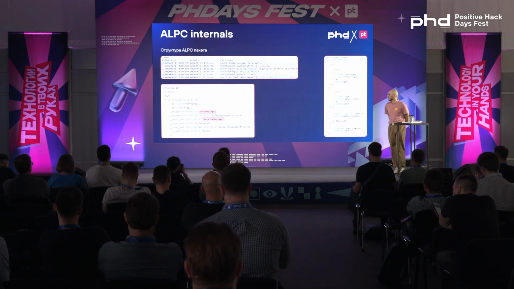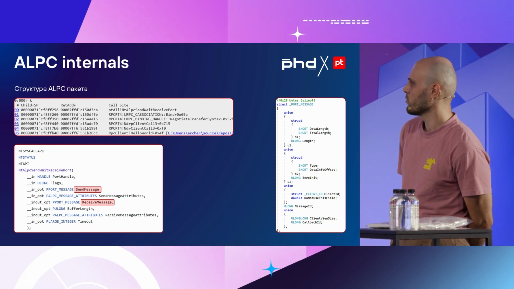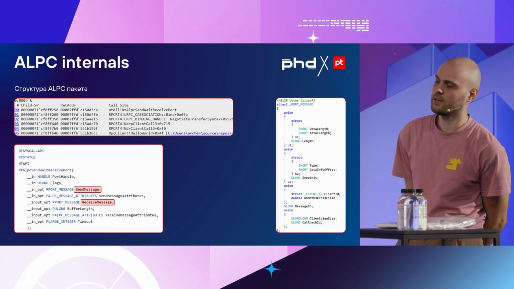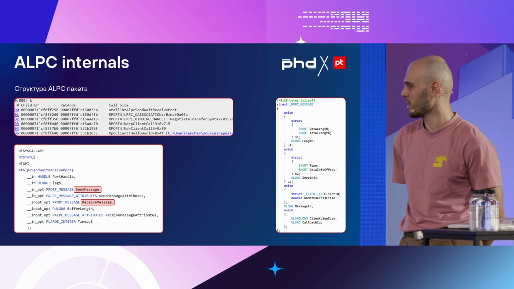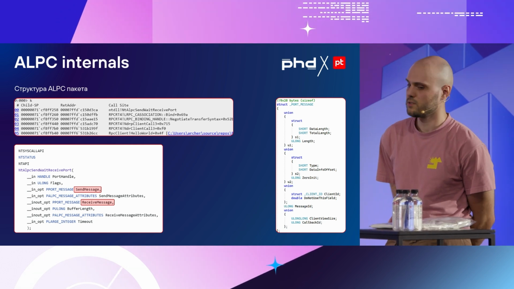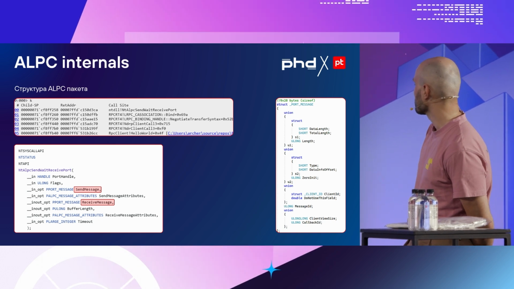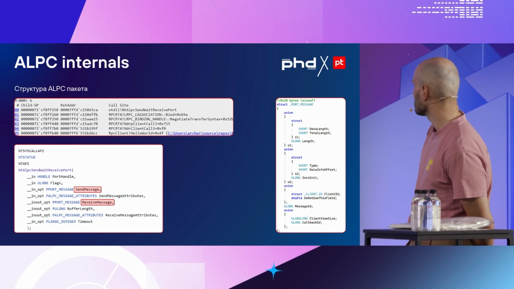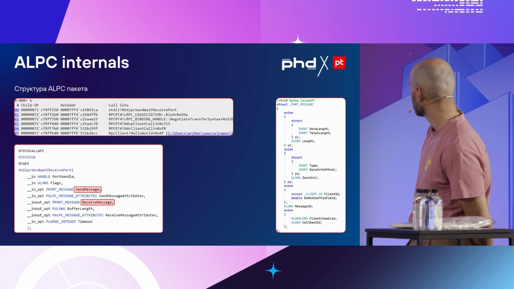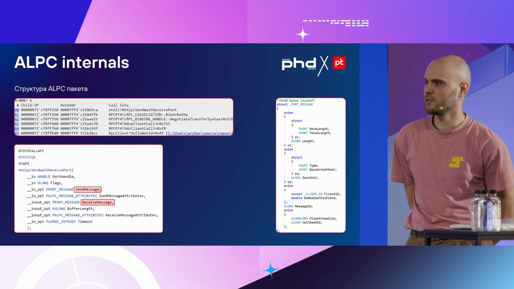The structure of the ALPC packet: the functions allow both sending and receiving packets, and each packet would start with a specific header, port message, where you can see the client ID.